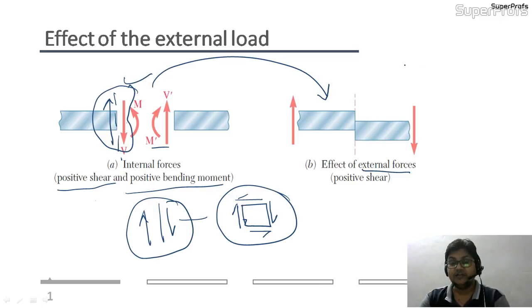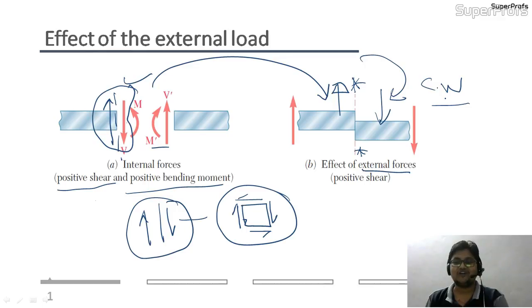Here also, due to the external load, this beam is trying to go down and this is trying to go up, meaning a clockwise type about this plane. This was the plane which I was talking about. About this plane it is making a clockwise rotation, and whenever it is a clockwise rotation due to the external shear force V, then we call it a case of positive shear.